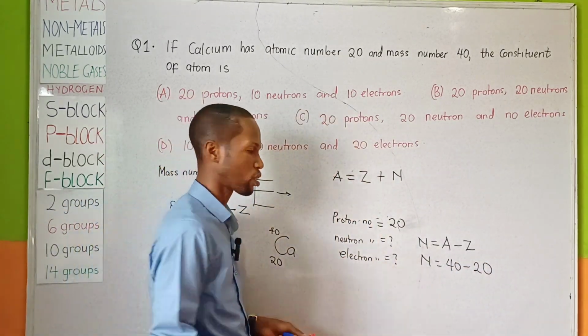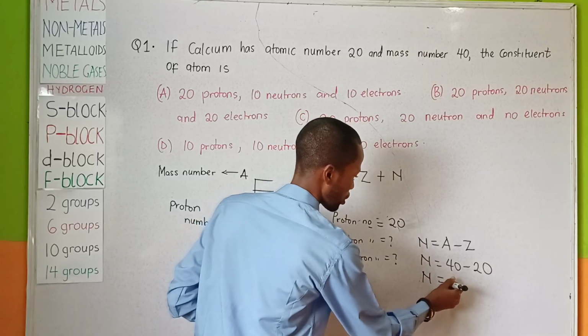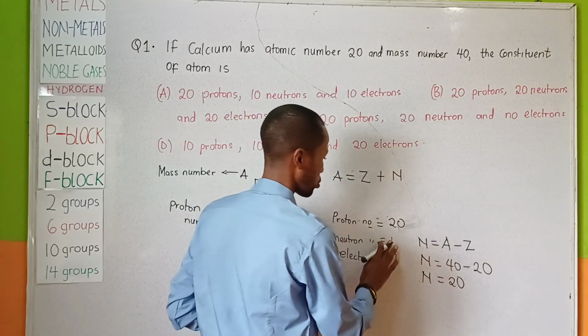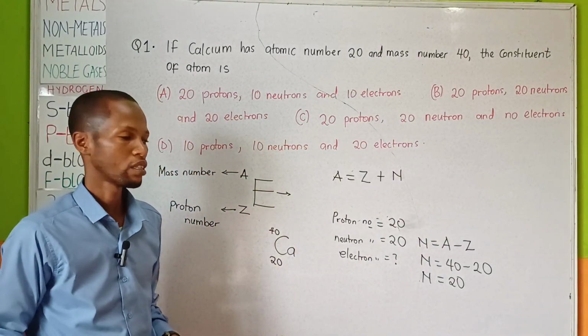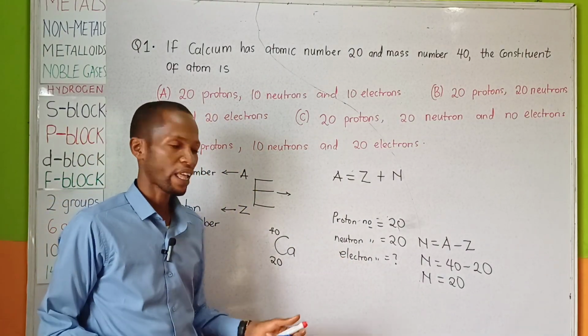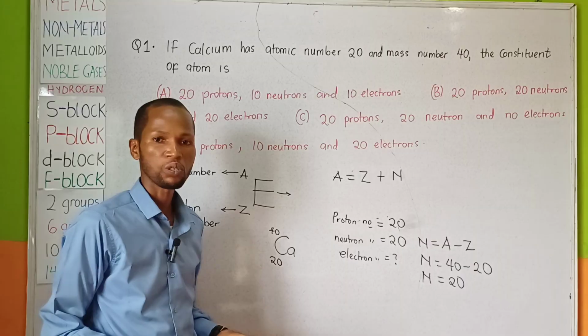Therefore, we have 40 minus 20. The neutron number equals 20. Then the number of electrons for this particular isotope.